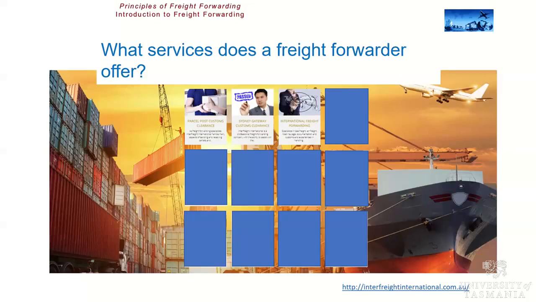They also can undertake international freight forwarding. Well, I think that's sort of encapsulated in that. They can offer door-to-door. So not all freight forwarders are going to do that, but you've also got a door-to-door option.